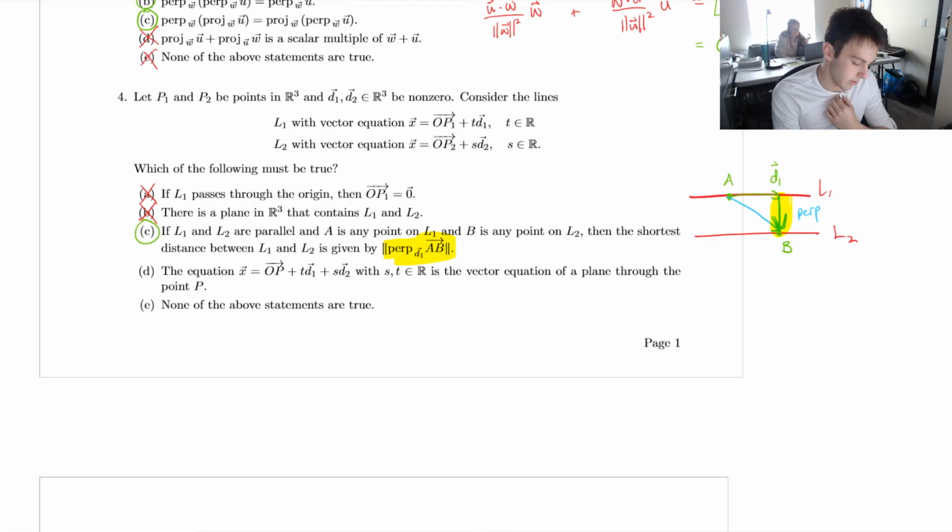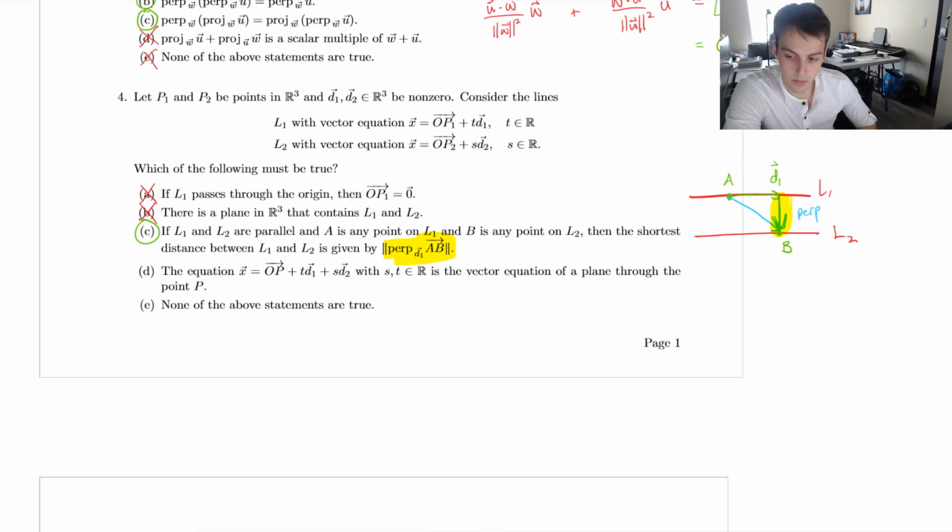Okay, and then for D, we've got the equation x is OP plus t times the direction vector of the first line plus another parameter times the direction vector of the second line. This would be the vector equation of a plane through point P. It looks pretty true, but we have to realize there are other cases. For example, if the direction vectors are parallel, then that would result in just the equation of another line.